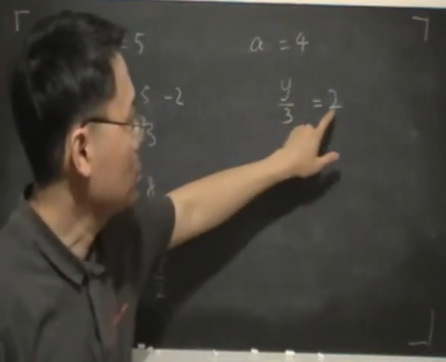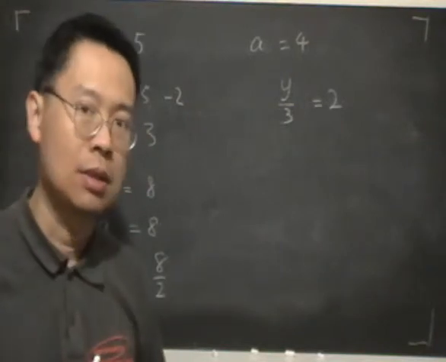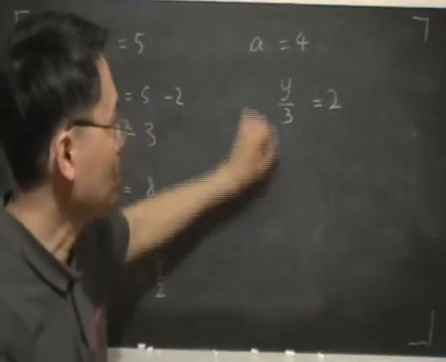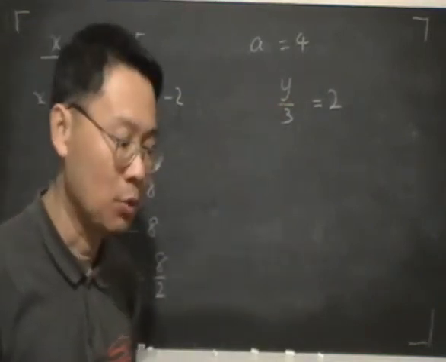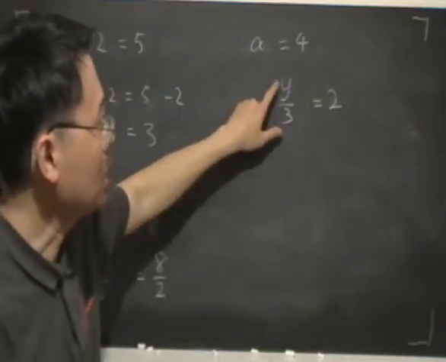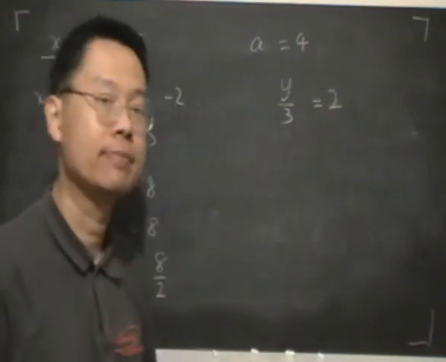What divided by 3 is equal to 2? I'm sure you can think of the answer. If you try out some numbers for the y, you will find that 6 is the answer, right? Because 6 divided by 3 is equal to 2.